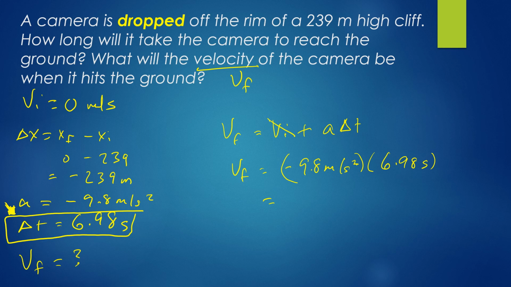I end up with negative 68.4 meters per second. And why am I not using my 9.8 for my sig figs? It's because it's a constant, and you're not going to use that for your sig figs. You're going to use the number given in the problem, so it's 3 sig figs.